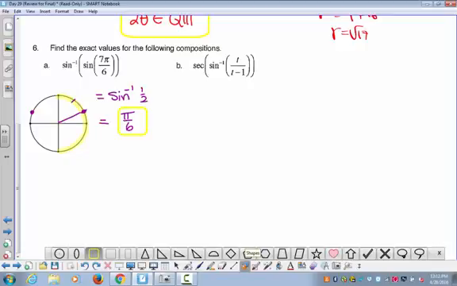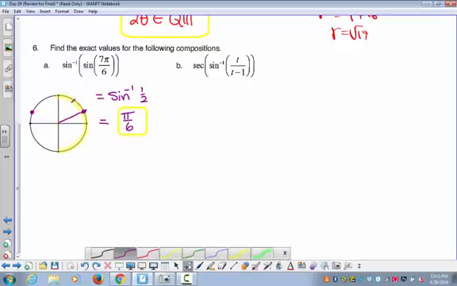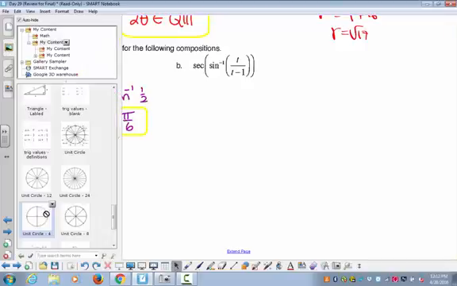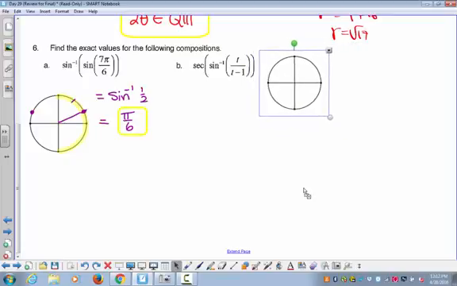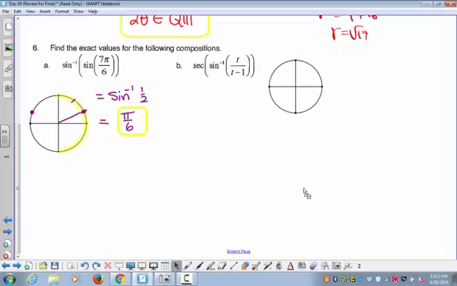One more. We should be able to finish this pretty easily. Okay, so this one, we don't have anything super specific, like 7π/6. But what we know is that inverse sine is an angle on the right. So we just need to draw a picture that helps us with this. It doesn't matter if we pick quadrant 1 or quadrant 4. We need to draw a dot that satisfies the condition.